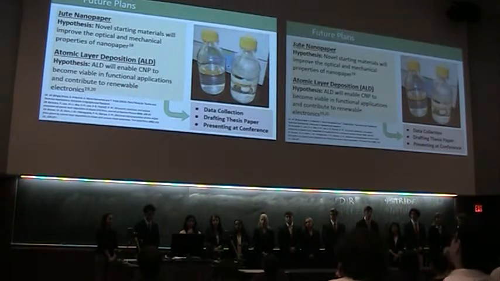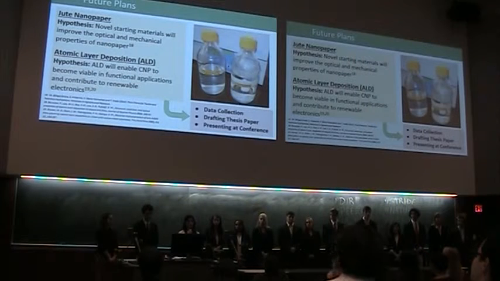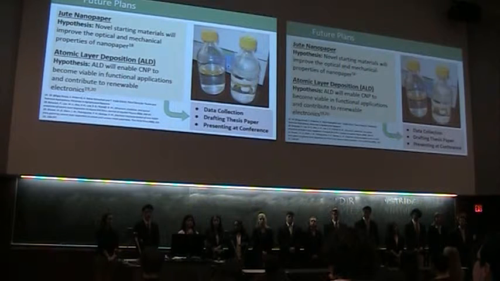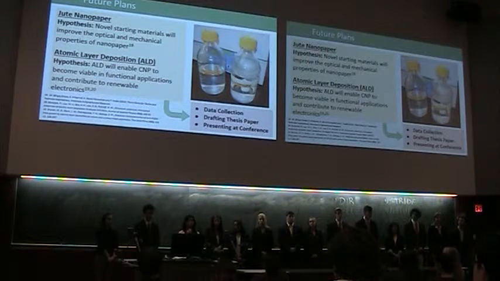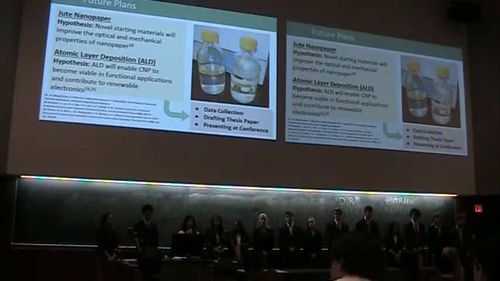So while not detailed here on this slide, we will be refining our CMP casting process so that we can complete our esterification and conductive coating experiments for this semester. Going into the spring, we'll be moving into the second phase of our project, which includes fabricating CMP using jute fibers, as listed here, and utilizing atomic layer deposition so that we may characterize our samples of CMP with the property tests we mentioned before, such as tensile testing and spectrophotometry.